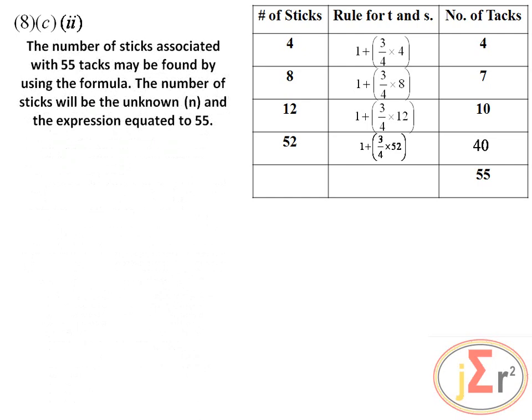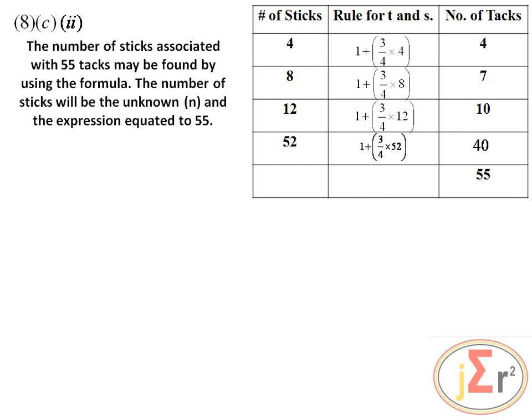The number of sticks associated with 55 tacks may be found by using the formula. The number of sticks will be the unknown, which is n, and the expression equated to 55. So here we have already the number of tacks. We need to know the associated number of sticks.